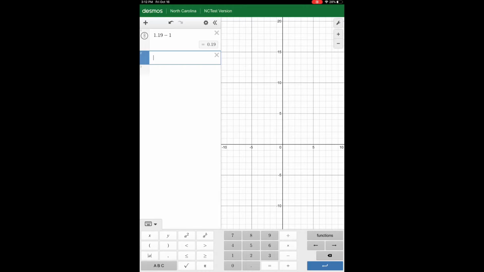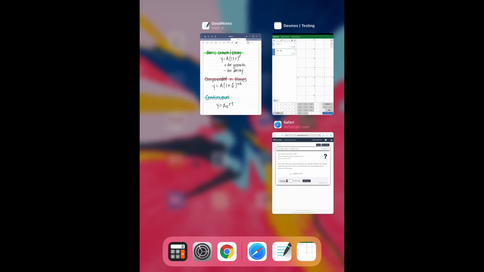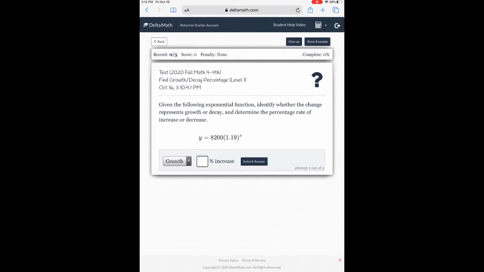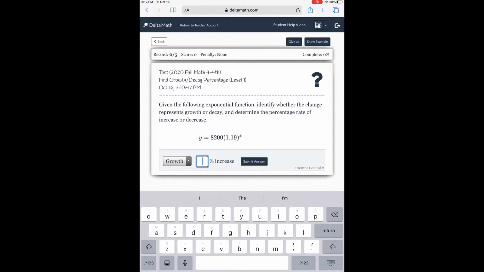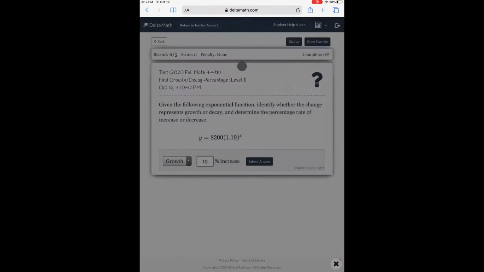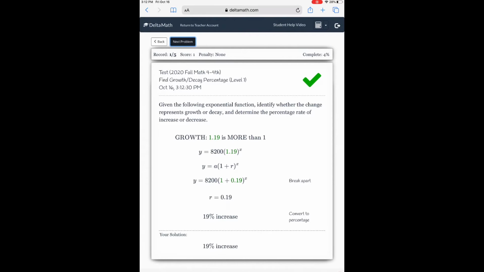In the video, when you put it into the formula, you divided it by 100 to turn it into a decimal. So now we want to take our decimal and turn it into a percent, so we multiply it by 100. My answer here is going to be 19%. So it's growing at 19%.